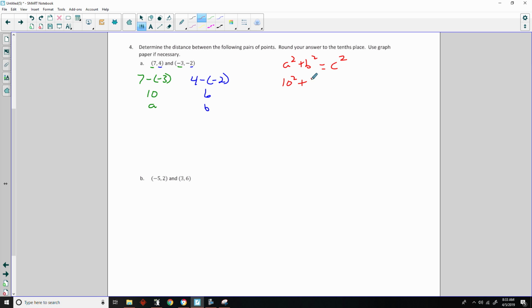10 squared plus 6 squared equals c squared. 100 plus 36 equals c squared. 136 equals c squared. So the square root of 136 equals the square root of c squared.